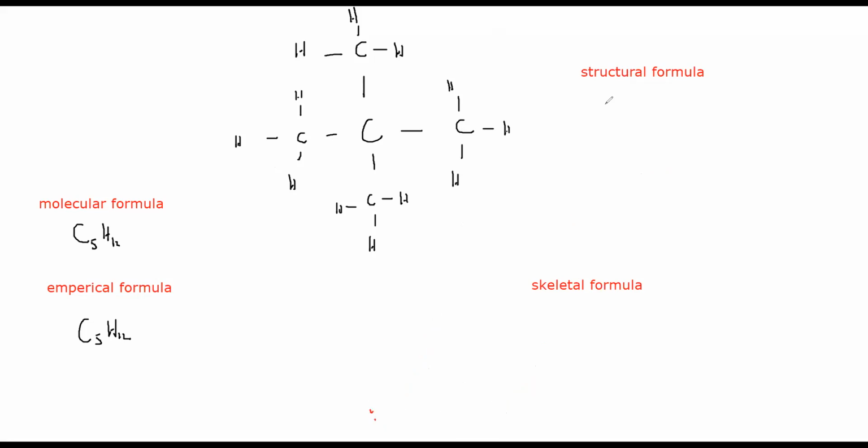So the structural formula was CH3 in a bracket 4 and C, and skeletal formula was 1, 2, 3, 1 up, 1 down. Even you can make angle, that's okay. Even if you make a straight line, that's also correct. So these are the formulas which we use to represent these hydrocarbons.